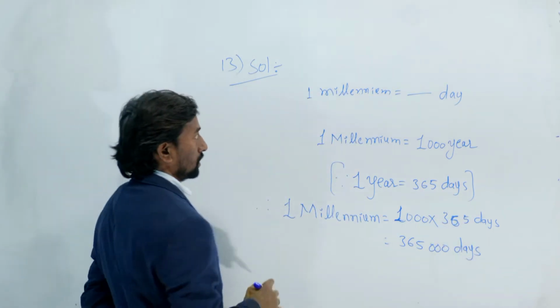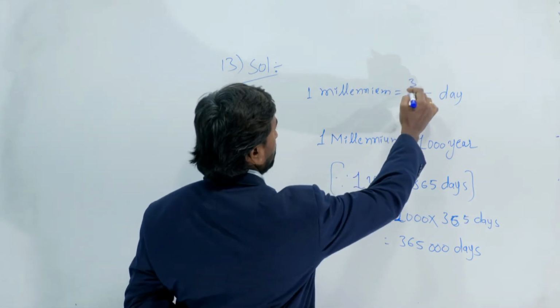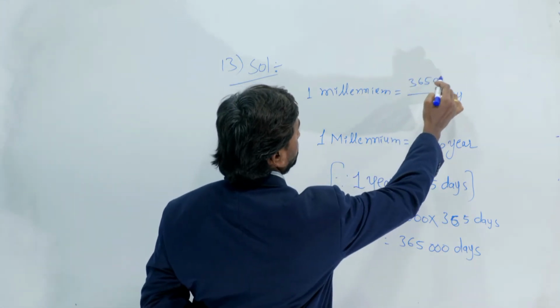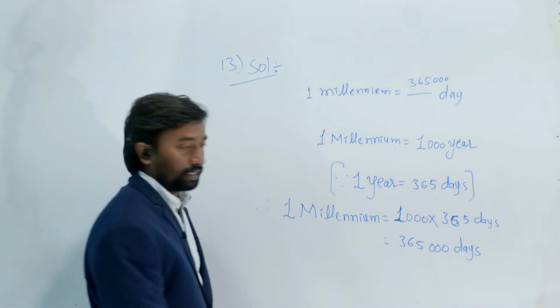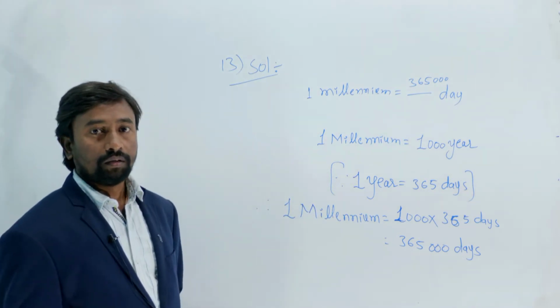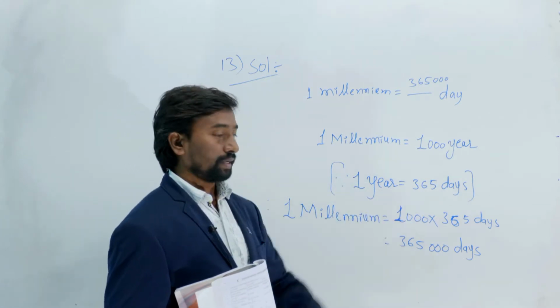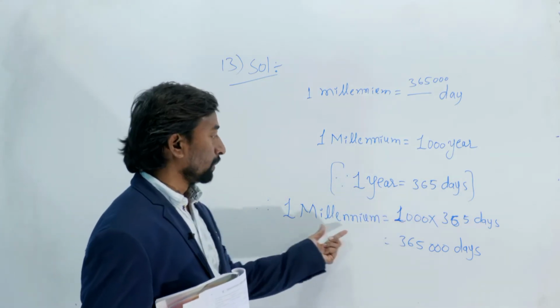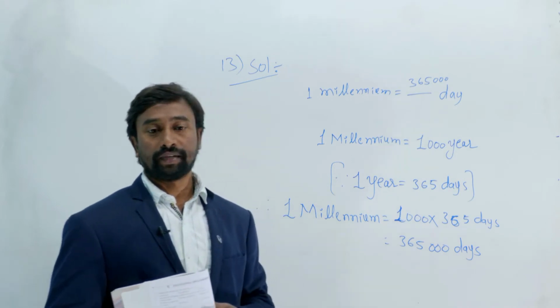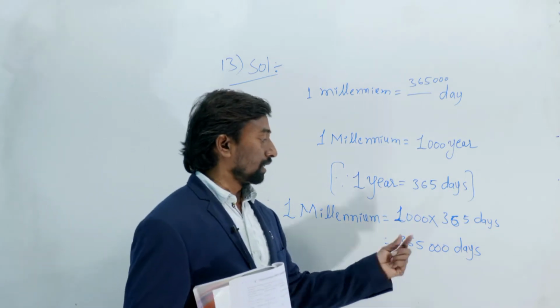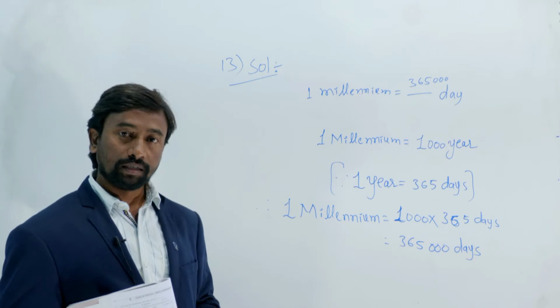So the answer is 3,65,000 days. 1 millennium is equal to 1000 years, and 1 year is equal to 365 days. Therefore we get 1000 into 365 days, which is 3,65,000 days.